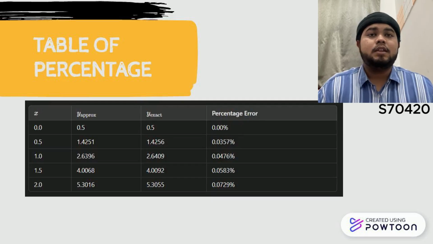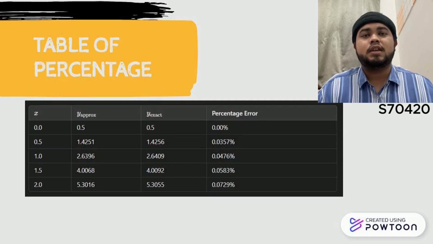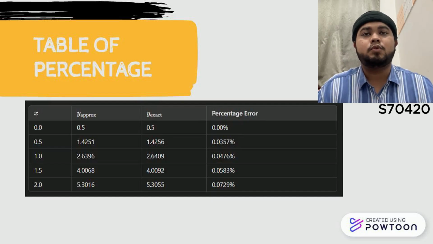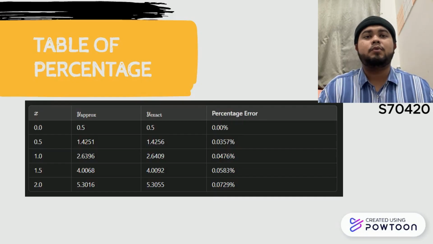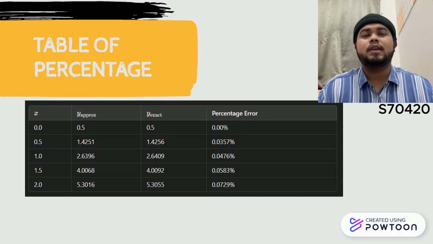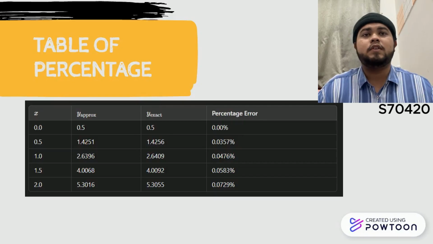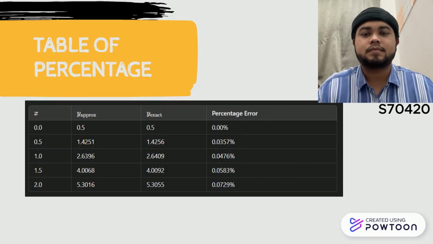It is because we use the percentage error formula that error equals y exact minus y approximate divided by y exact multiply with 100. So we can get the percentage error there. So this is our table for our answer, looking for the percentage error.